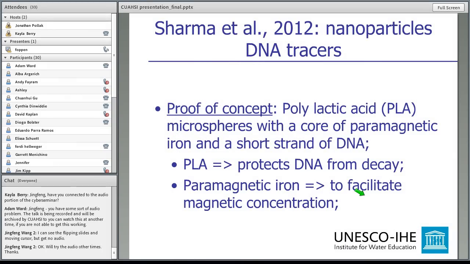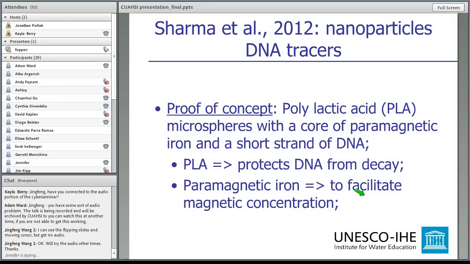Last year, in ES&T, Sharma was the first to describe experiments in the environment where he used nanoparticles. They had polylactic acid microspheres with a core of paramagnetic iron, that is iron which becomes magnetic when it is in the vicinity of a magnet, and they added to this microsphere a short strand of DNA.